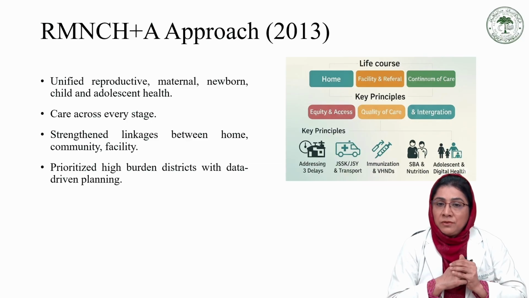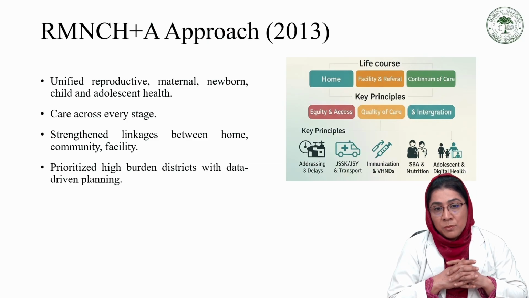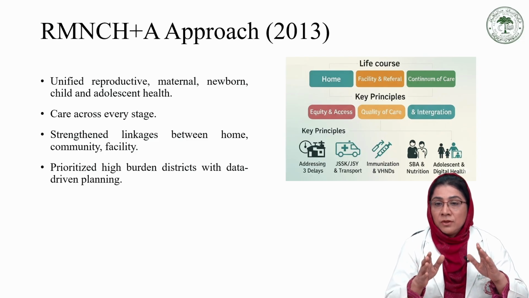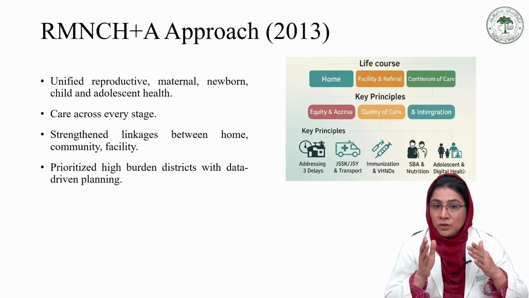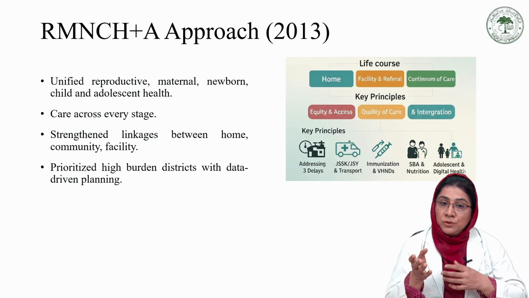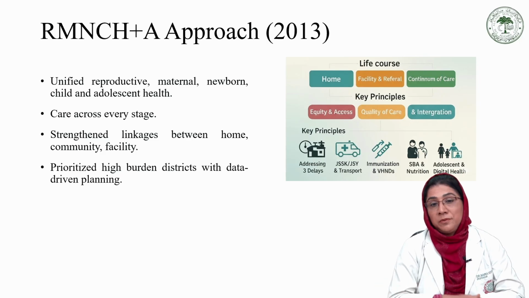The reproductive, maternal, newborn, child, and adolescent health approach unifies the entire life course from preconception and adolescence through pregnancy, childbirth, postpartum newborn care, early childhood, and then back to adolescence, so no stage is left behind.